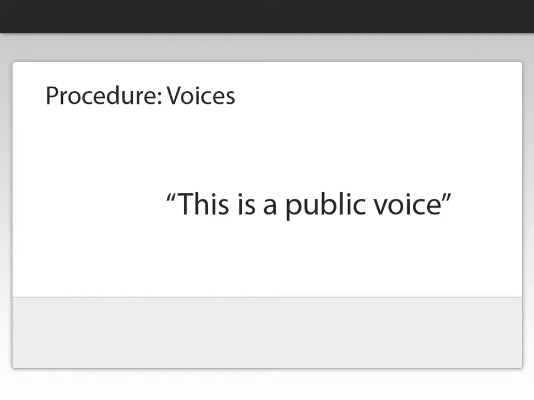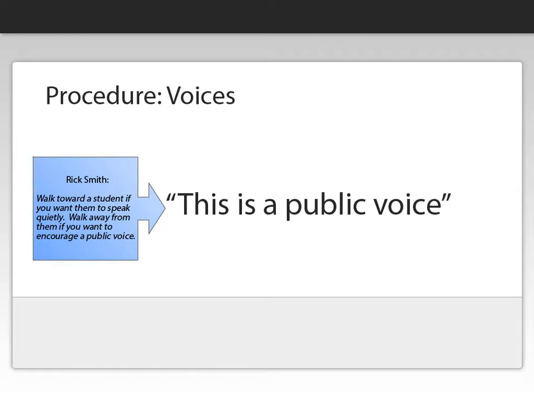Finally, the teacher models a public voice, and students practice that strong voice that can be heard across the room. In his book, Conscious Classroom Management, Rick Smith offers a strategy for encouraging a public voice. He says, walk toward a student and stand close if you want them to speak quietly. Move away from them if you want them to speak in a public voice.